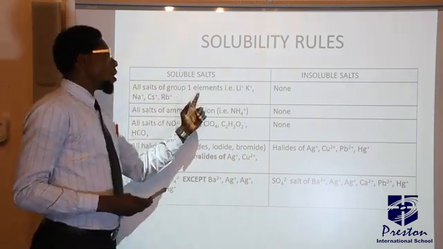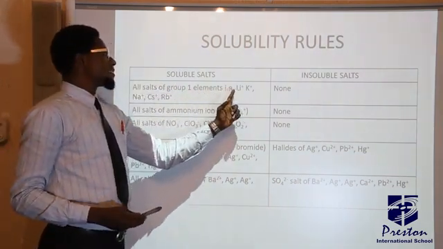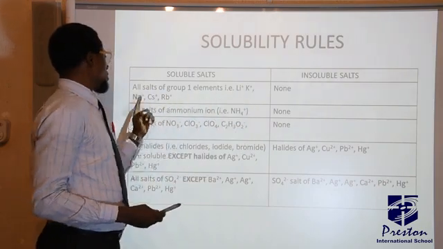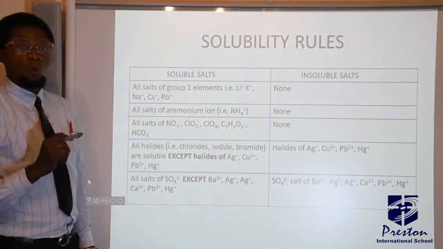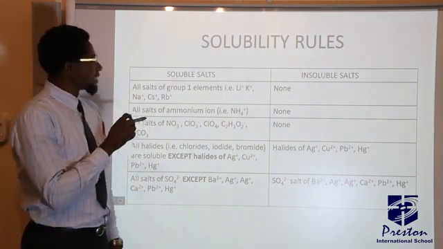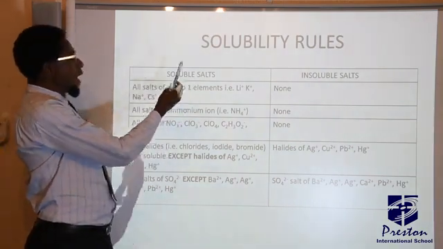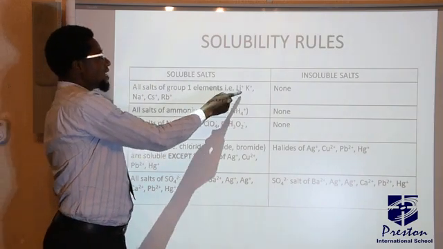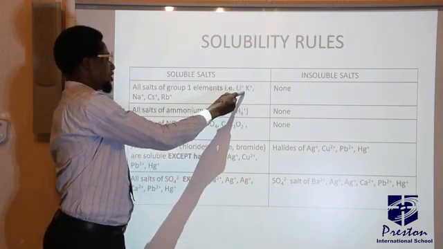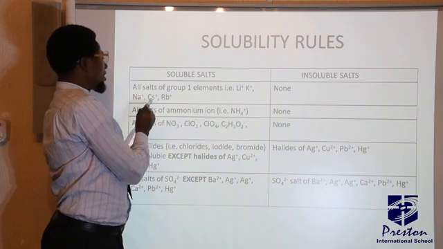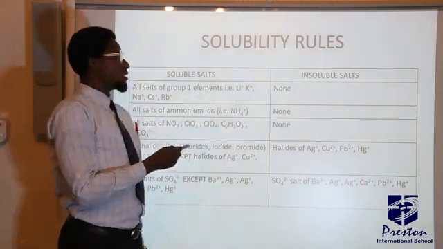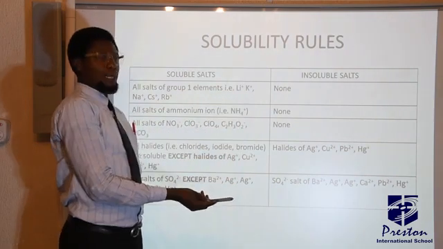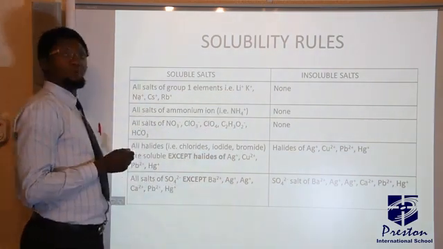All salt of group 1 elements, that is lithium, potassium, sodium, cesium, and rubidium, are soluble in water. What we're talking about here is that anytime you have a salt containing lithium, potassium, sodium, cesium, or rubidium, take for instance lithium hydroxide, potassium chloride, sodium sulfate.